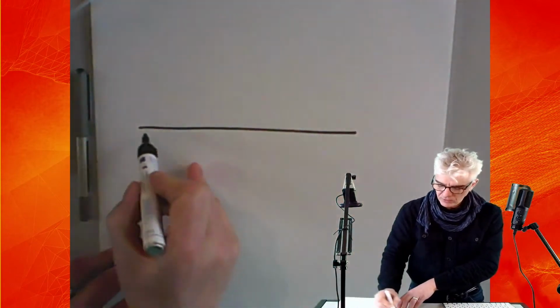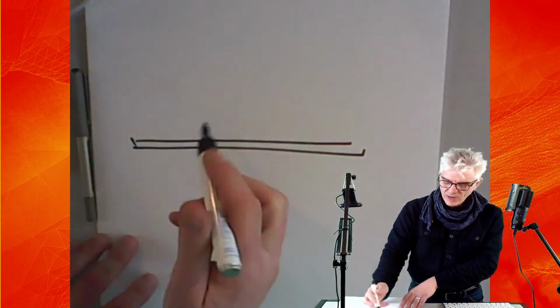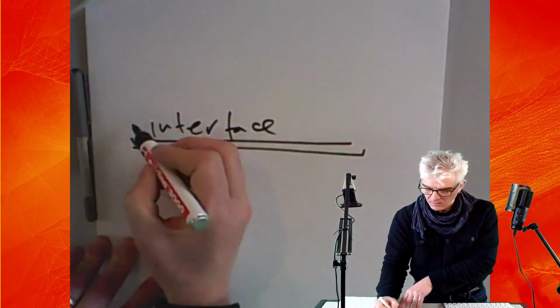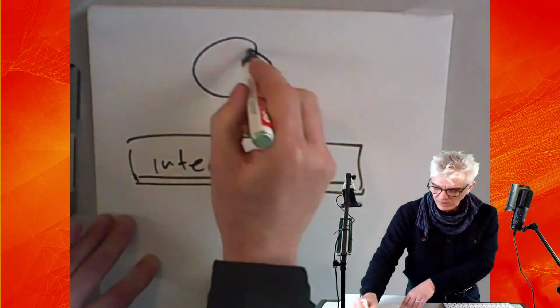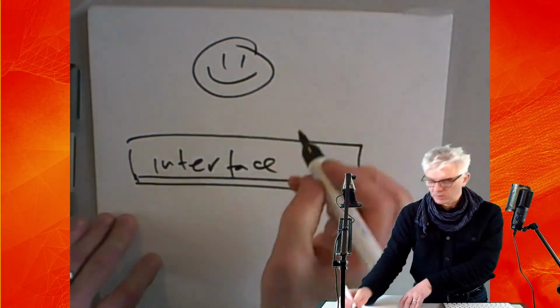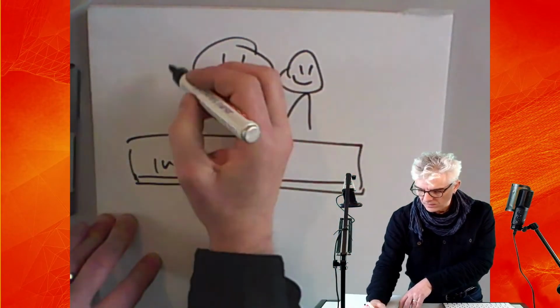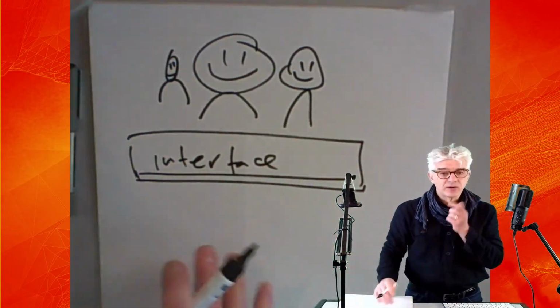If this is the surface of a product, we have here the interface, and we have here the people that will use or interact with our system.